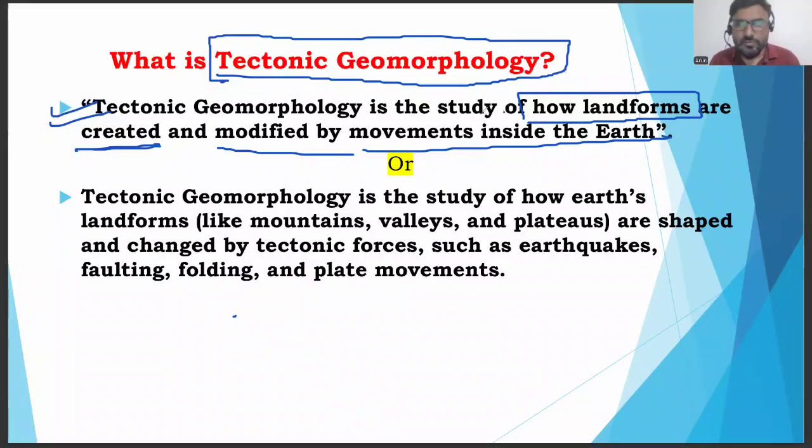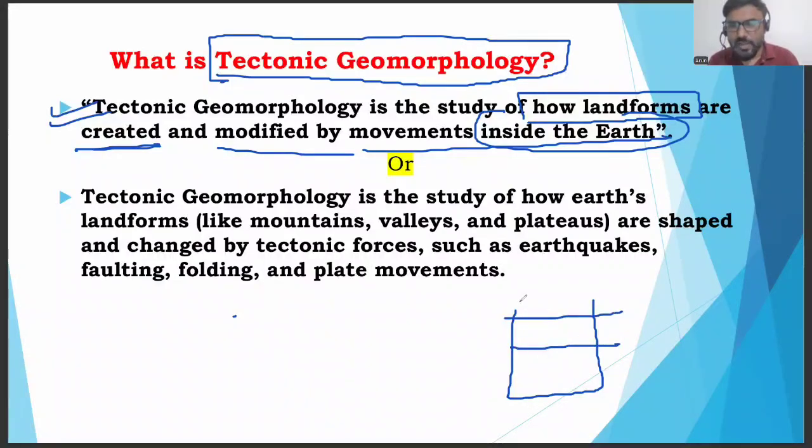This word is very important. Within the earth, what exactly is happening? And because of that, the various landforms on the surface of the earth are forming. Or rather, certain landforms also form inside the earth.